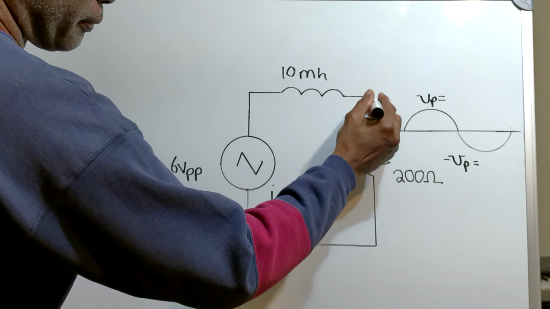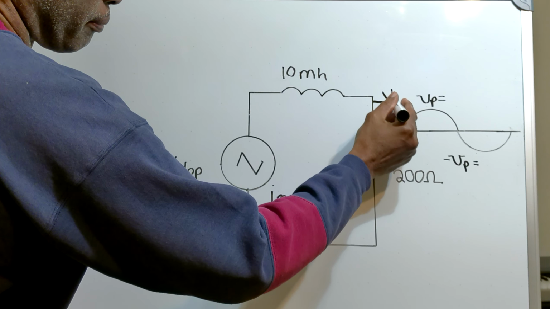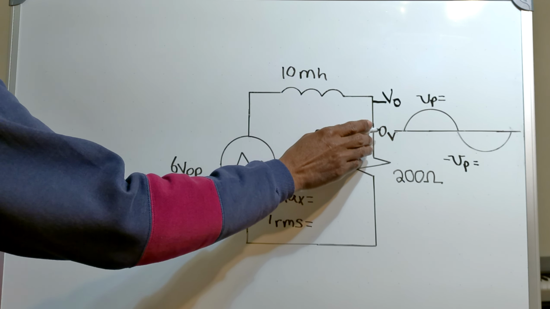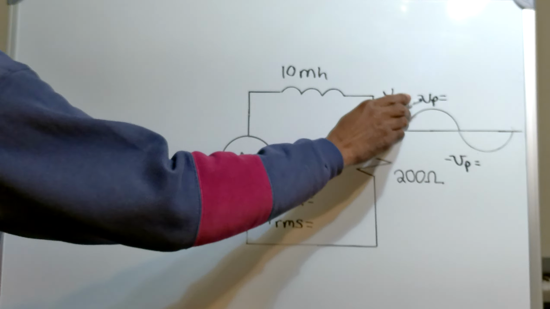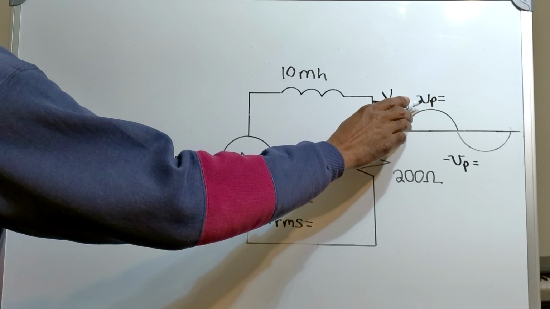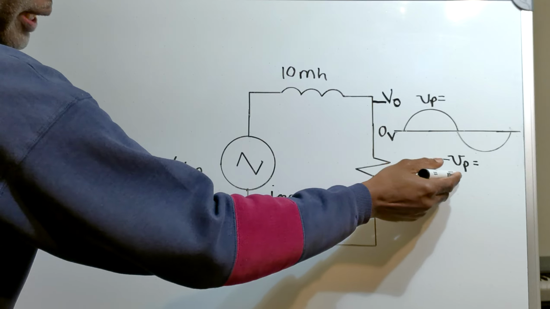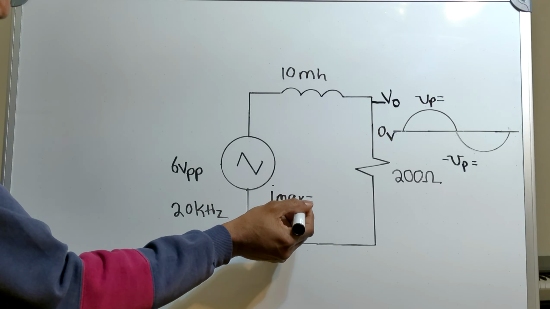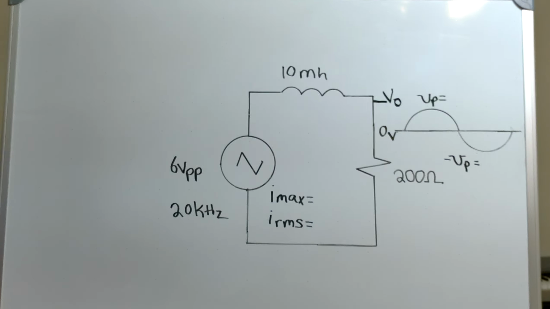My output, V out, will be sinusoidal, and I will be finding my V peak positive, my V peak negative, my maximum current, and my RMS current.